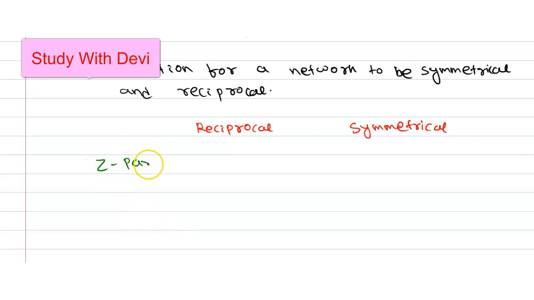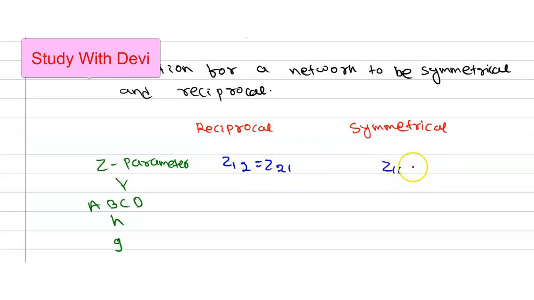For Z parameter, reciprocal condition is Z12 equal to Z21, symmetrical Z11 equal to Z22. For Y parameter, Y12 equal to Y21, and for symmetrical Y11 equal to Y22.